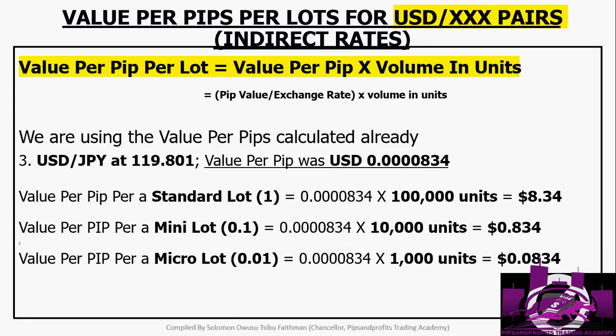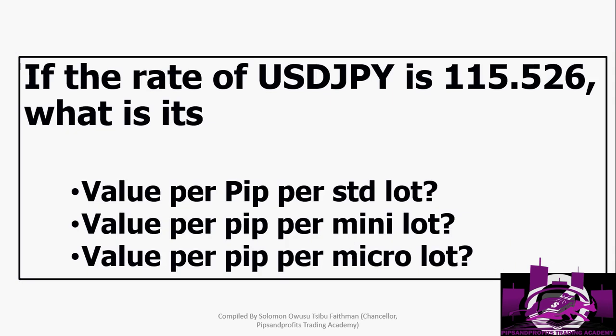This is indirect rate. So after the indirect rate, we have to look at the direct rate. Okay? We are done. Don't worry. So this is an example that I wanted you to take, but because we are pressed with time, I'm not going to give you that room.